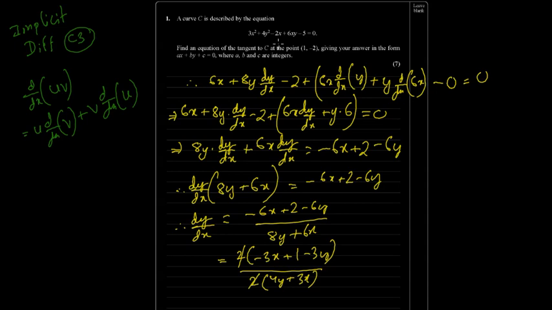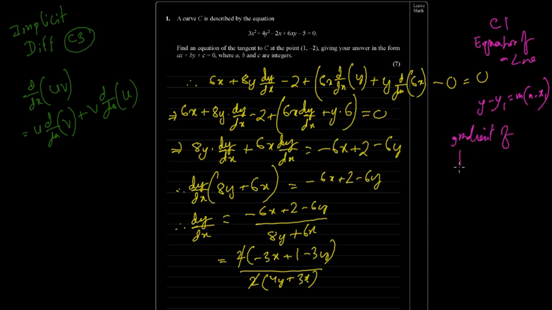So for equation of the tangent, we need the C1 concept. C1 concept, equation of a line, and you know that equation of a line is y minus y1 equals m into x minus x1, and for that the gradient rule of a tangent is that the gradient of the tangent is equal to the gradient of the curve, that is equal to dy by dx.